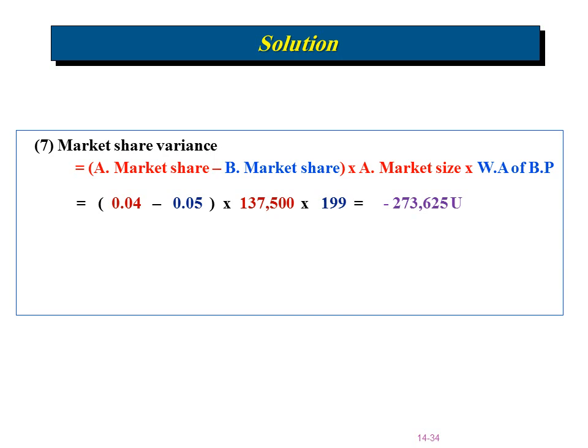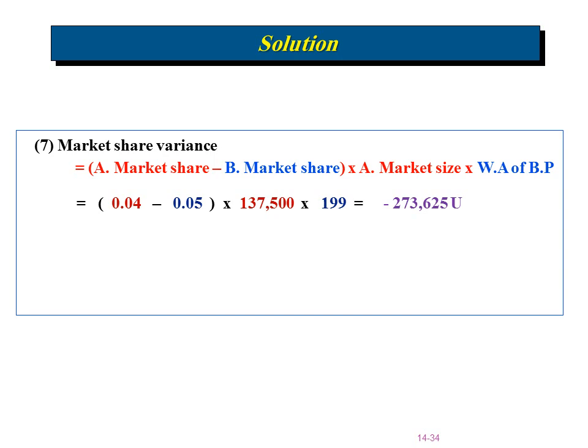This is the actual market share here, 4% minus 5%, so the difference is negative 1%, times 137,500, and times the weighted average here, 199. Because the difference between the share percentages is negative, here I have negative.